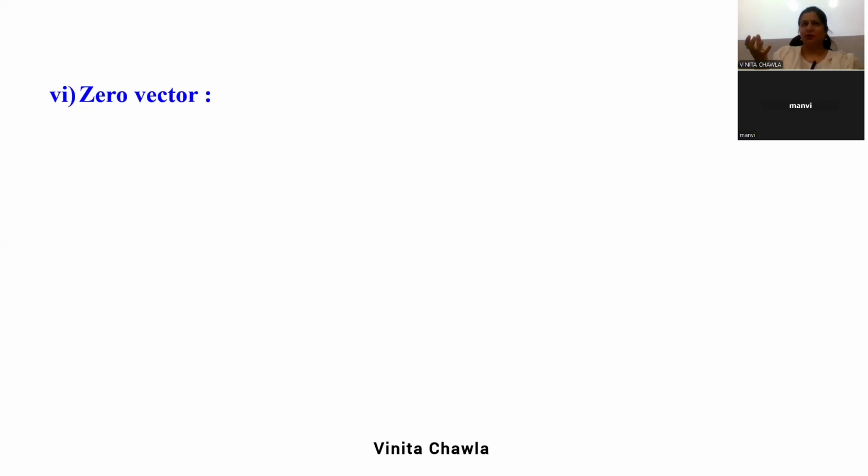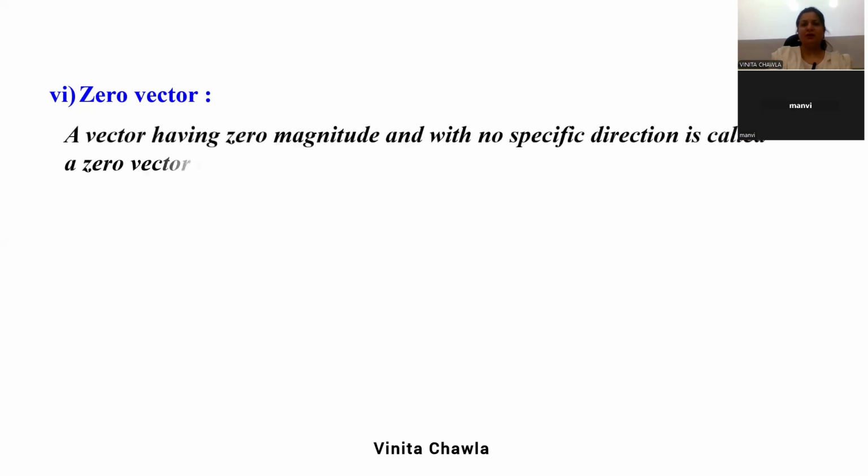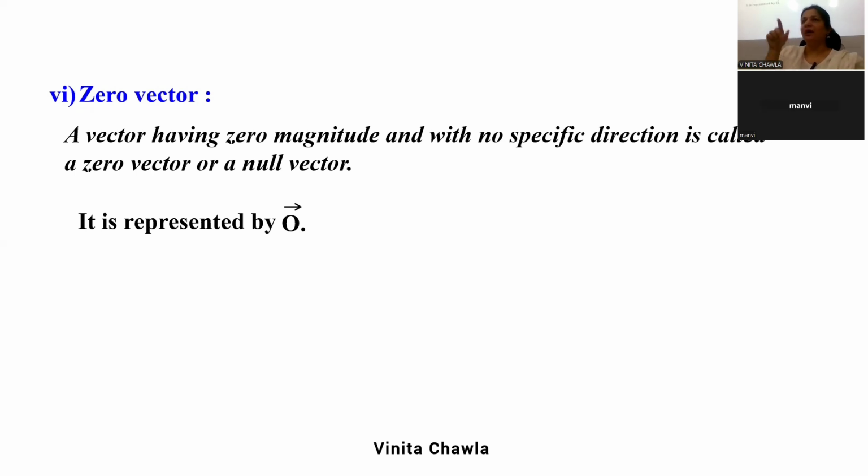It is 0, there is nothing in it. So it has arbitrary direction. A vector having 0 magnitude with no specific direction is called a 0 vector or null vector. We consider the direction of this vector as arbitrary. It is represented by 0 with a vector sign.